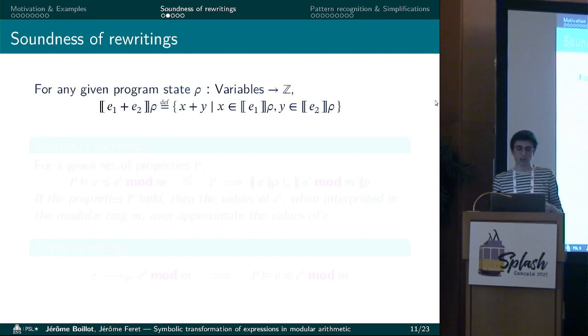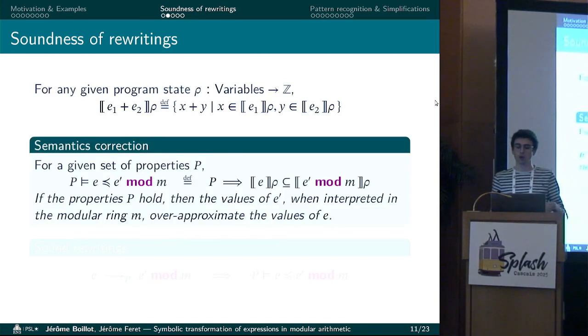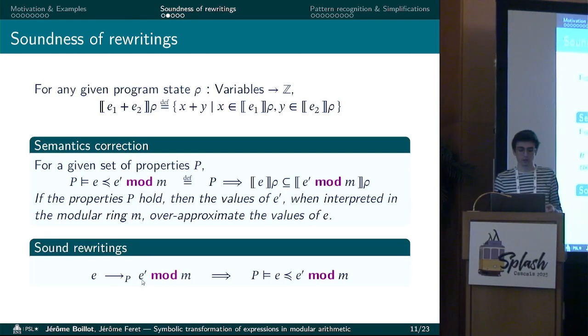And then the semantics correction is that for a given set of properties P, if the properties P hold, then the values of E prime, when interpreted in the modular ring M, over-approximate the values of E. So this is really this inequality here, that is, we do an over-approximation of the values of E. And then we want to prove that our rewriting, so E can be rewritten as E prime modulo M, is sound. That's exactly this equation.